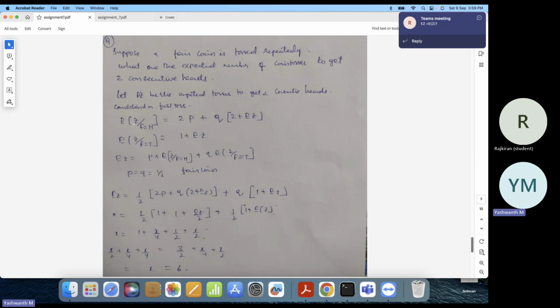E of Z is equal to E of Z. Exactly. Okay, so I hope this is clear.